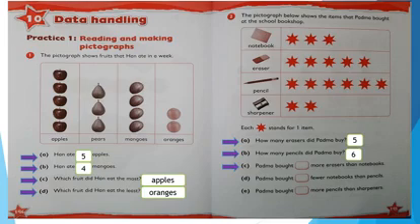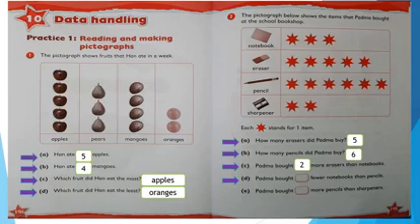The erasers are more than the notebooks. Okay, so Padma bought 2 more erasers than notebooks, because notebooks are only 3 and erasers are 5 pieces. Okay, next.